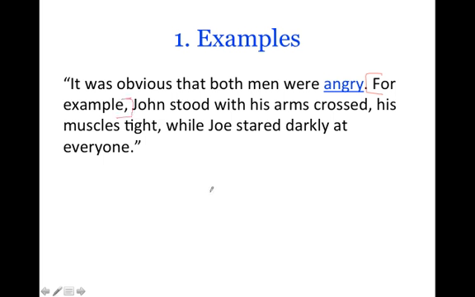Okay, now we're going to use words that you already know or probably already know, because then you can see how the structure of the sentences supports the definitions. So the first example that we have of an example is this. It was obvious that both men were angry. For example, John stood with his arms crossed, his muscles tight, while Joe stared darkly at everyone.